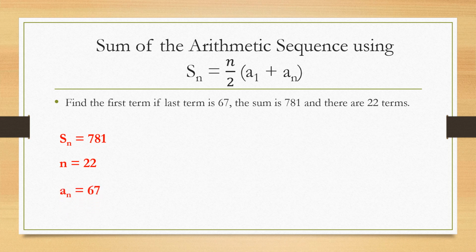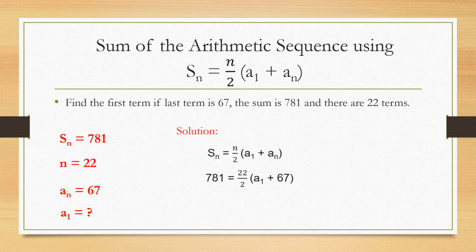The last term is 67. So our a sub 1 is unknown. We are going to find the first term. Using the formula, substitute all the values, where S sub n is 781, n is 22, and the last term is 67.